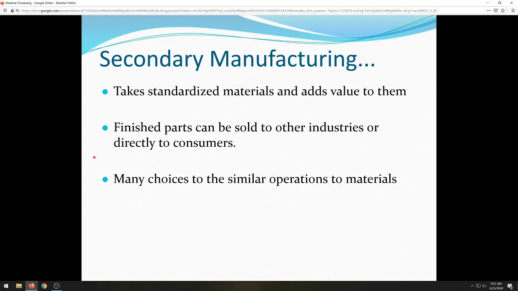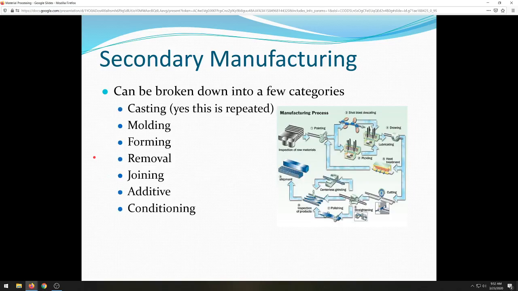So some secondary manufacturing processes can be broken down into these 7 categories, and you'll find different breakdowns of this, and we're going to break each of these down even further. But these 7 seem to be the most common that I've found over the years in some basic research. So if you were to Google secondary manufacturing processes, you get lists approximately like this.